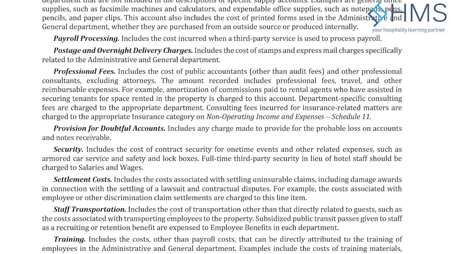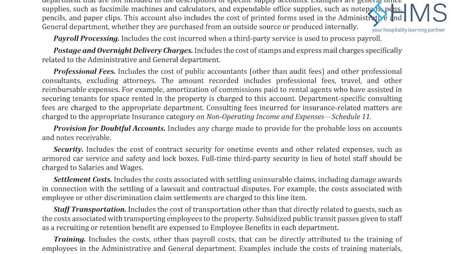Then you have security expenses, which is the contract security for one-time events or hiring for specific functions. If it's long-term security, then the cost will go into the contract services or the labor cost.